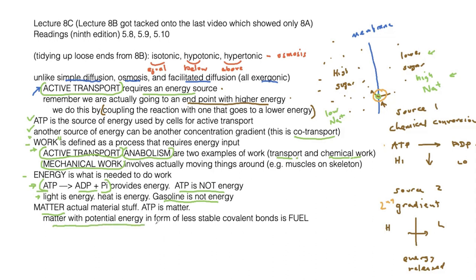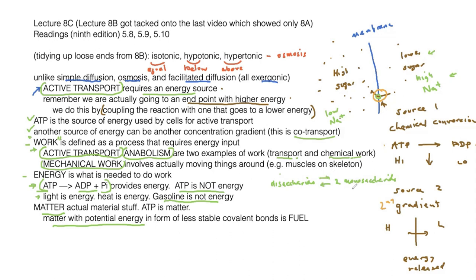But sometimes matter has a lot of potential energy stored in the form of relatively unstable covalent bonds, like, for example, a disaccharide versus two monosaccharides. Right? Because, well, why is it that energy is required if we go in one direction, but energy is not required if we go in the other direction?